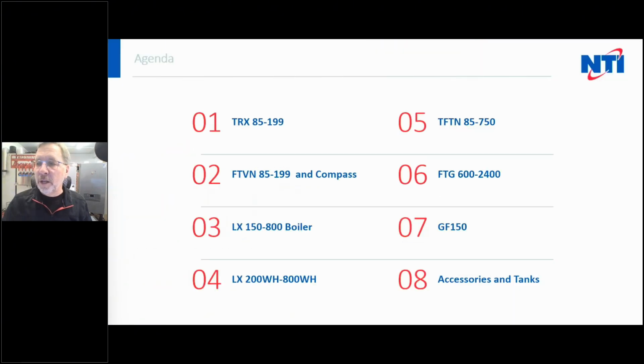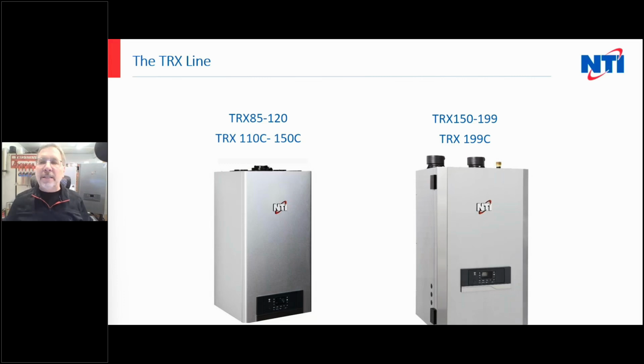There we go. So TRX 85 to 120, 110 combi, 150 combi, you see are smaller than the 150, 199, and the 199 combi. It's because the 4 smaller ones are made over in Italy in robotic plants and made to fit in the same hole as a Navian.